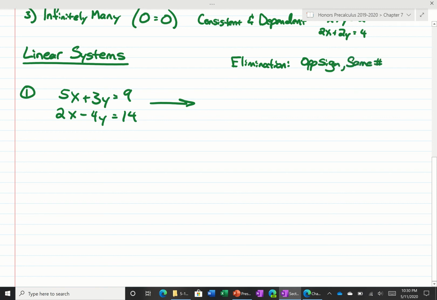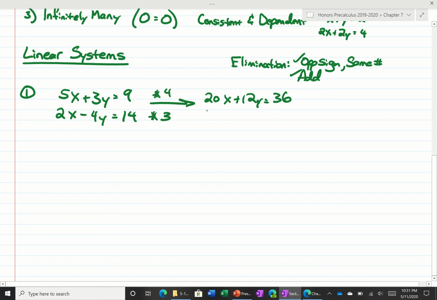For example, we want to get like maybe a 3y and a negative 3y. Same number, but opposite signs. And we always add the two equations together. So let's do that here. I'm going to multiply the top by 4, multiply the bottom by 3. We get 20x plus 12y is equal to 36.